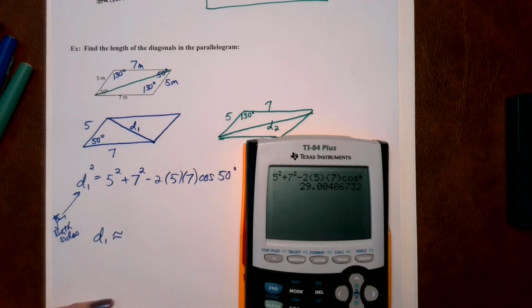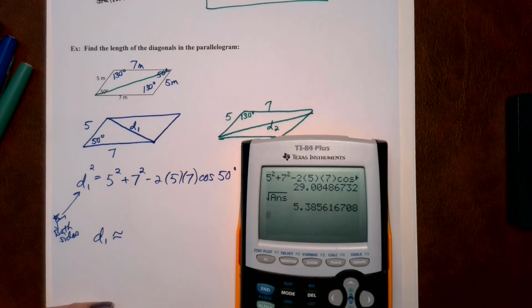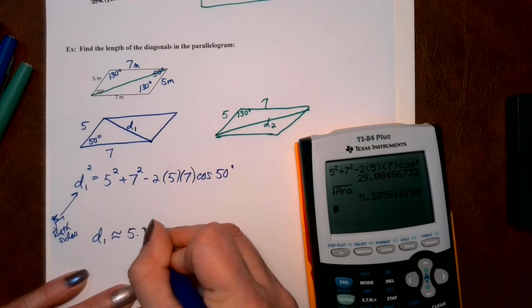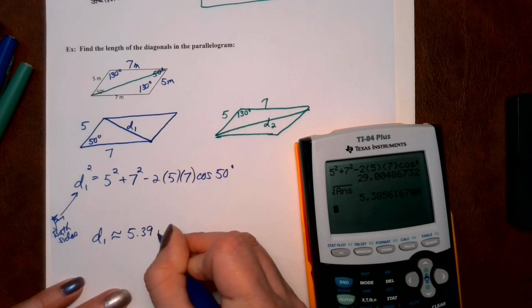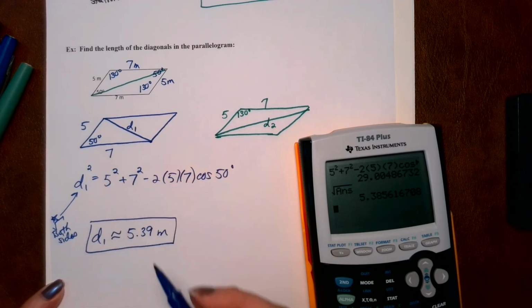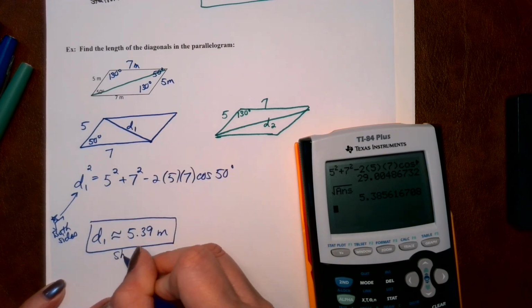Don't forget to square root your answer. And we're getting 5.39 meters. That looks like the short diagonal.